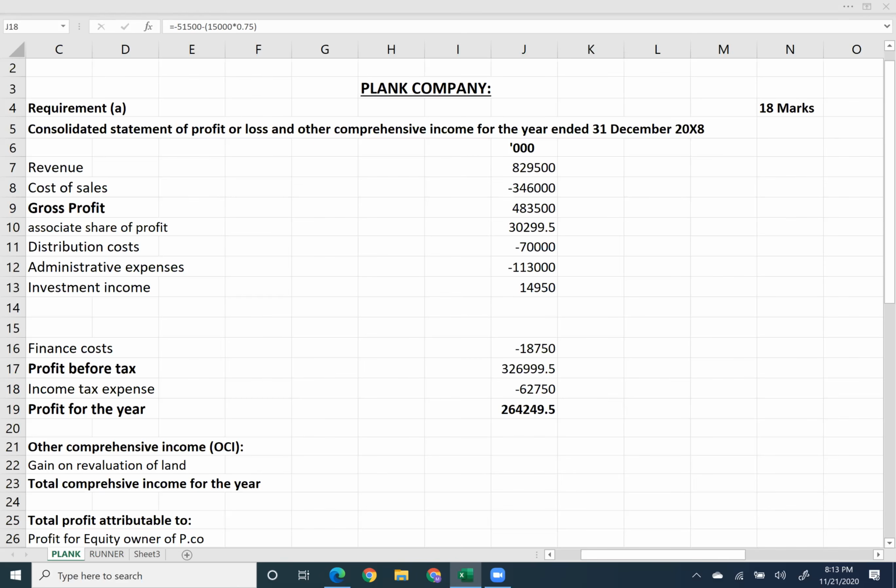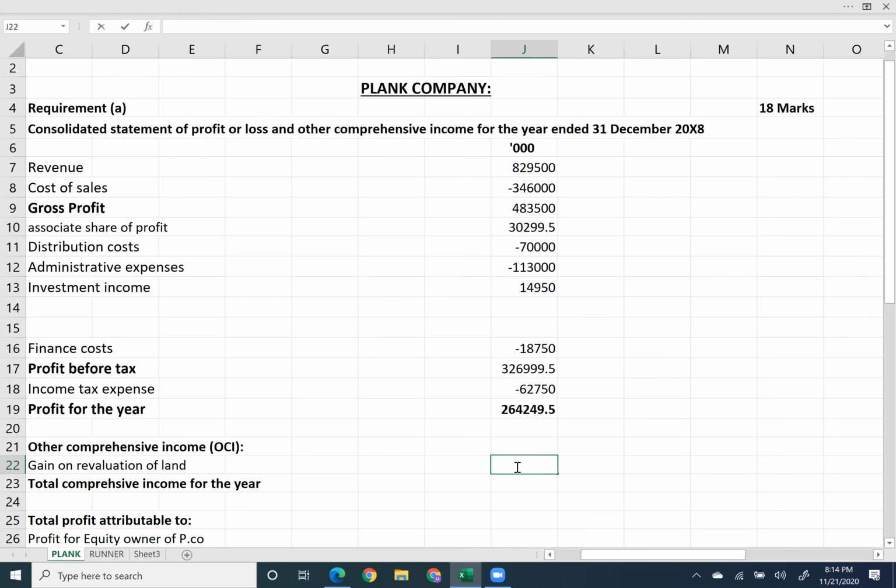Now let's add OCI. How do we do it? Listen, the way we add together the whole parent and subsidiary income statement, we do the same for OCI.